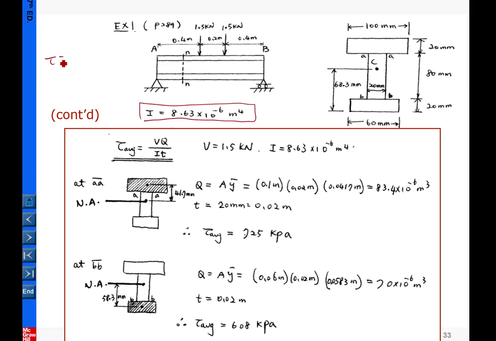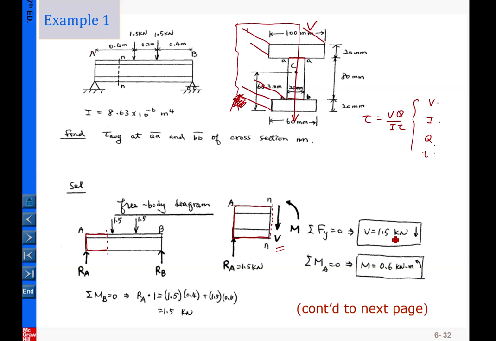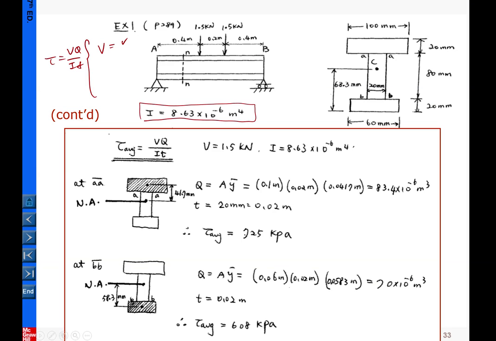So again, tau equals VQ over IT. And from here, we have determined V, which is 1.5 kilonewtons. And we have determined I, which I've calculated for you. So now we need to determine the Q and T here.